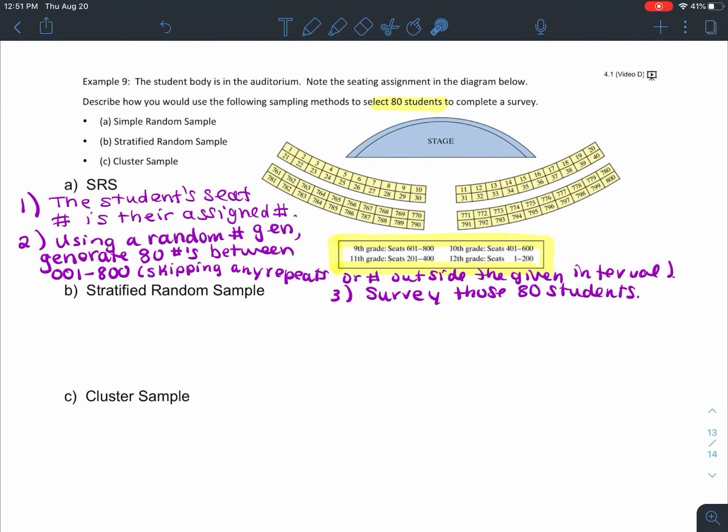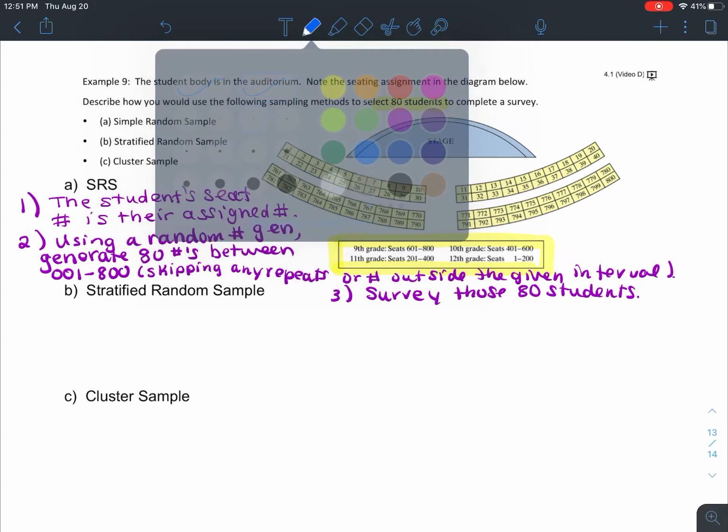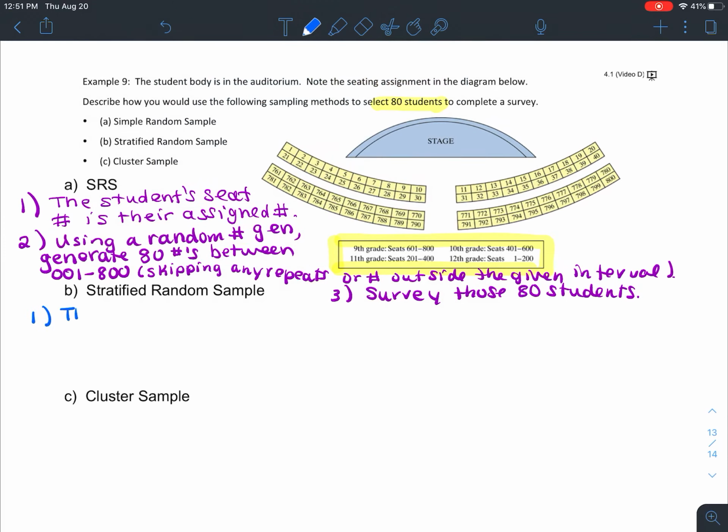Okay, a stratified random sample maybe could look something like this. We would start by saying, again, the student's seat number is their assigned number. And I'm just going to be very clear because when we do stratified random sampling, they are supposed to be grouped in groups that within the group they're all similar.